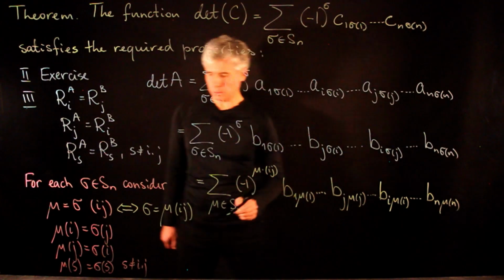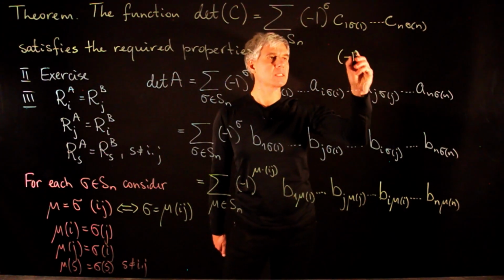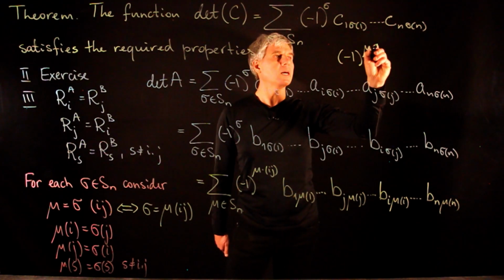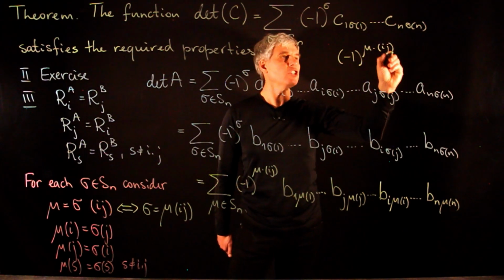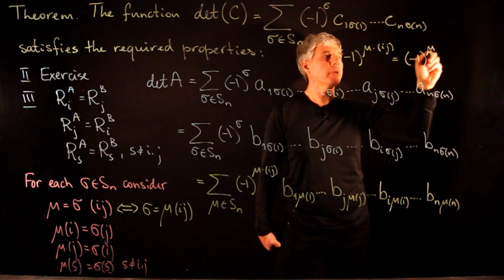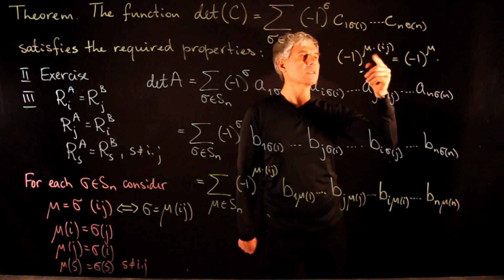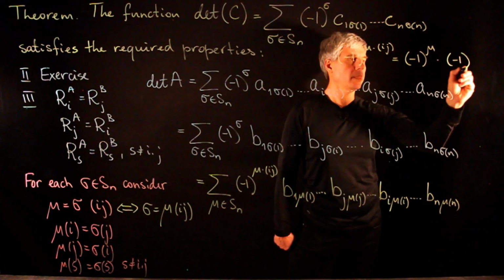Now, what we know is that the parity of the product mu times the transposition ij is equal to the product of parities. It's the parity of mu times the parity of the transposition, which is equal to -1.